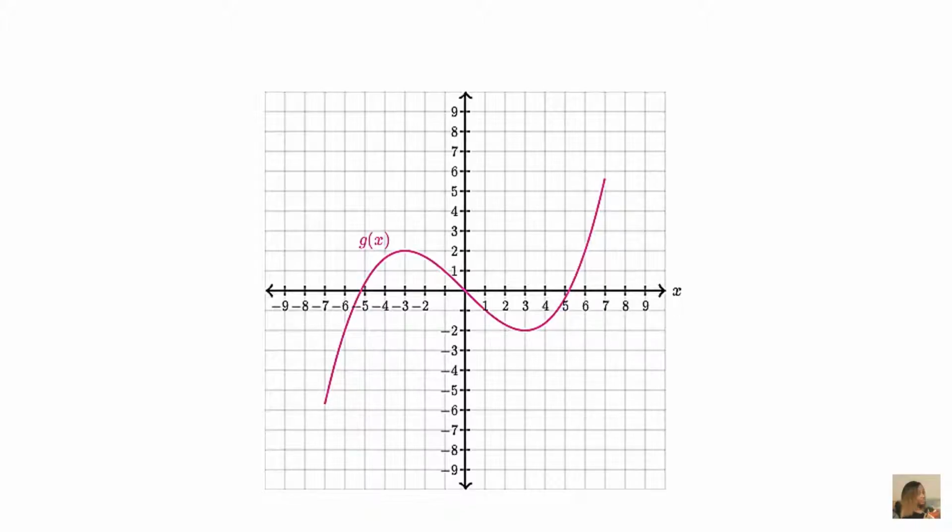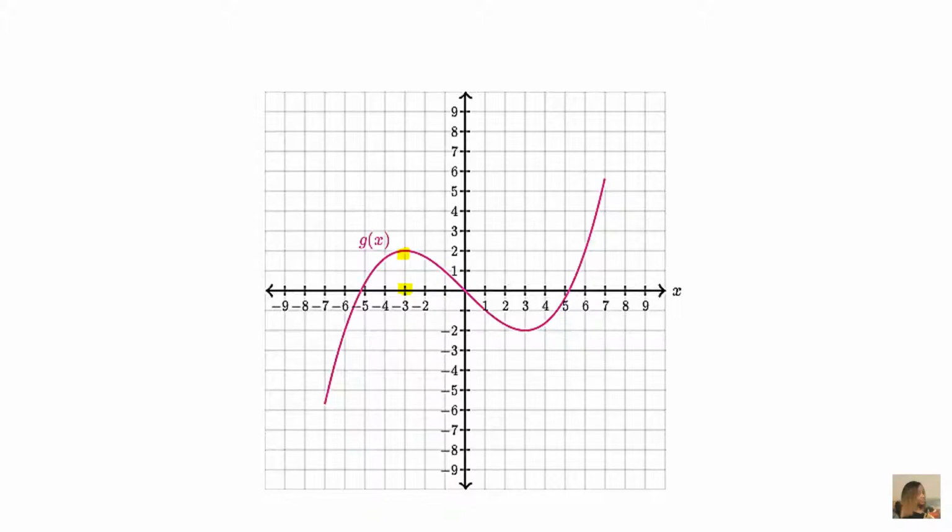We're now going to determine whether or not option 2 is true. That is, does each function have a relative maximum at the same x value? We can visually inspect the graph of g to determine that there is a relative maximum at the x value of negative 3. This yields a y value of 2.